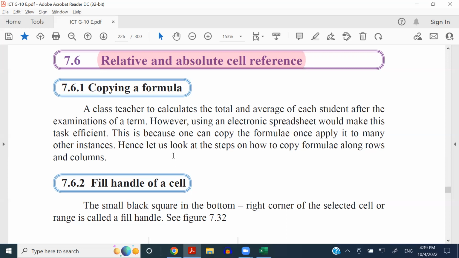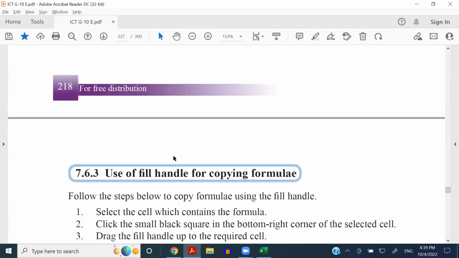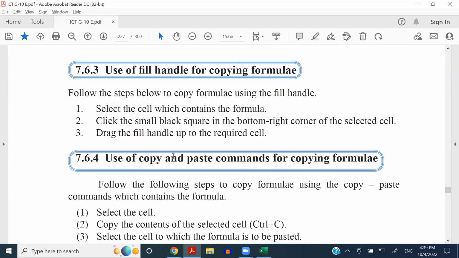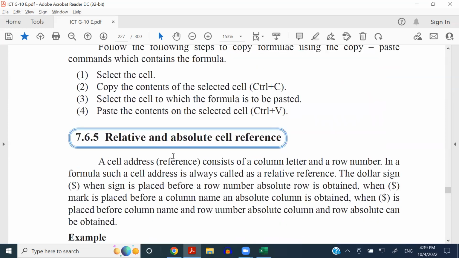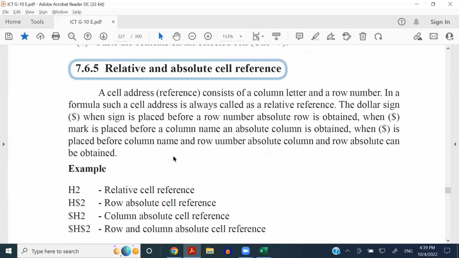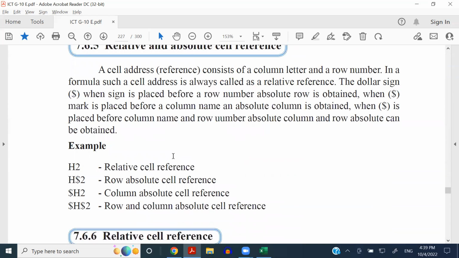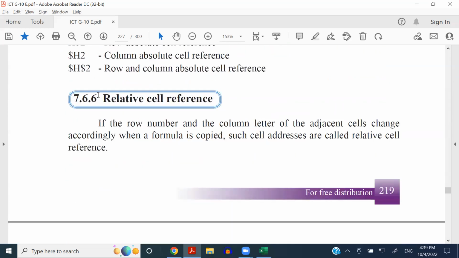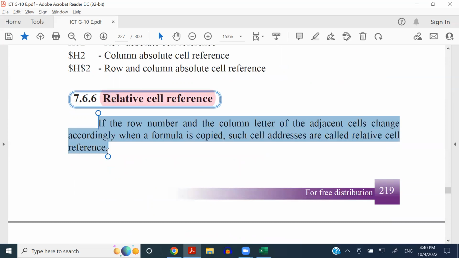Right, so then we'll straight away go to the relative cell reference. We know about these things, people. So have the subheading, relative cell reference, and you can copy this down.